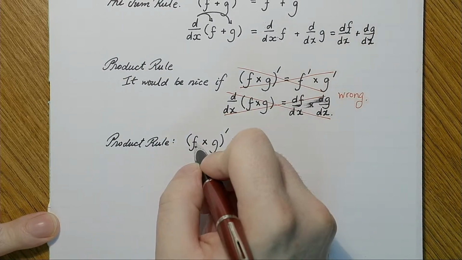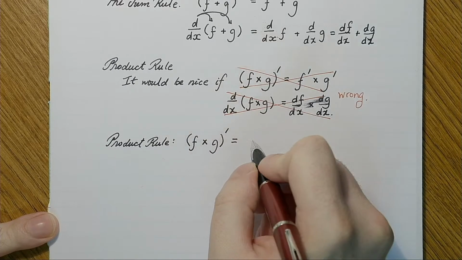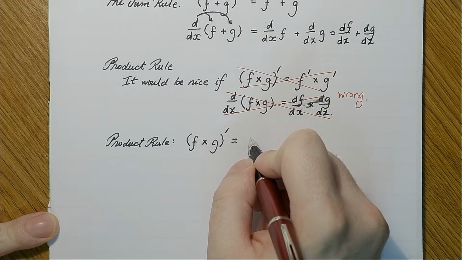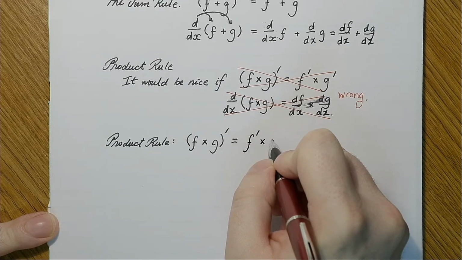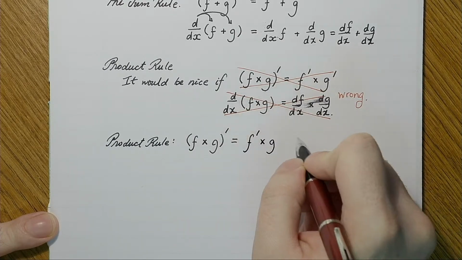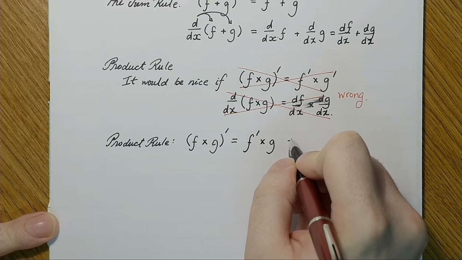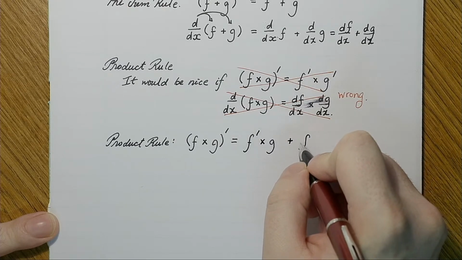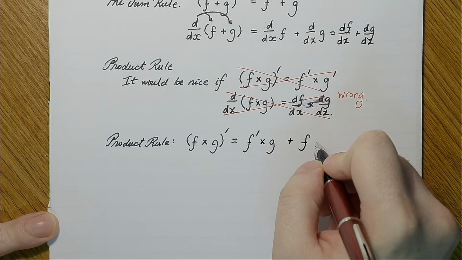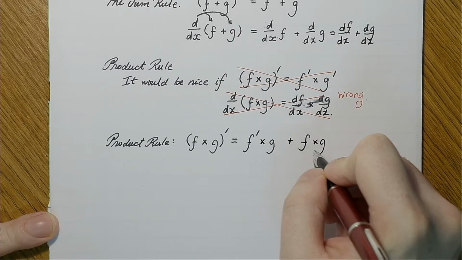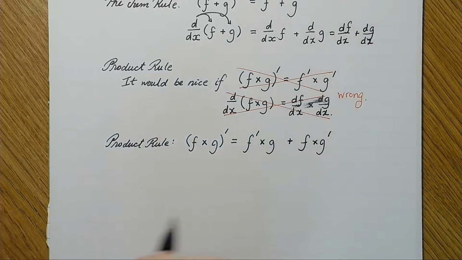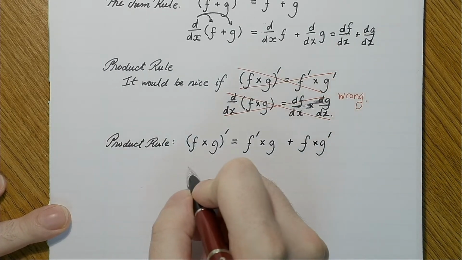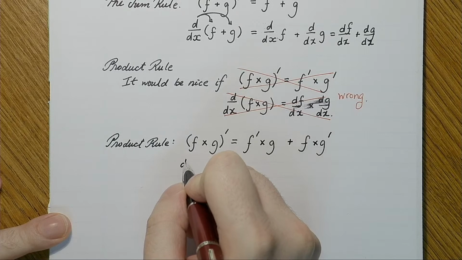We'll see why. So we have f and g, and it ends up being the derivative of the first function times the second function, don't touch, plus the first function untouched multiplied by the second function with the derivative.